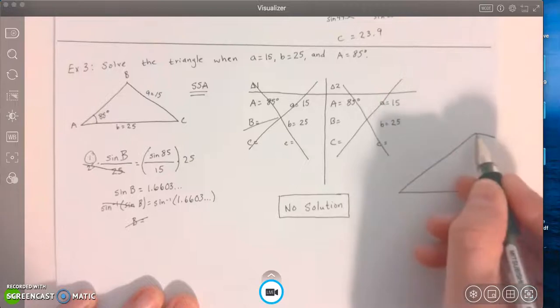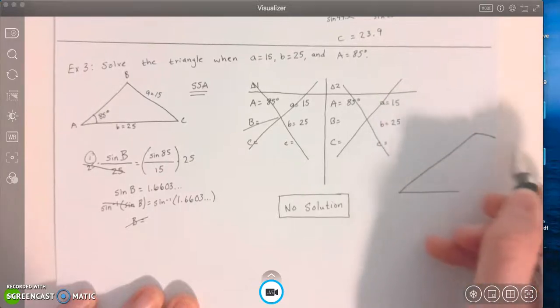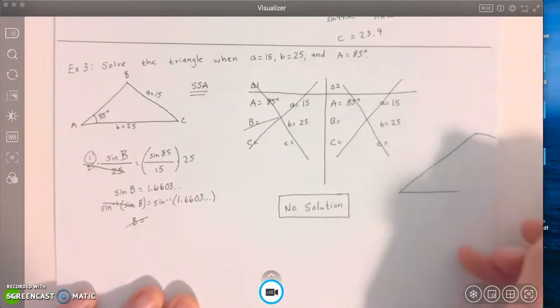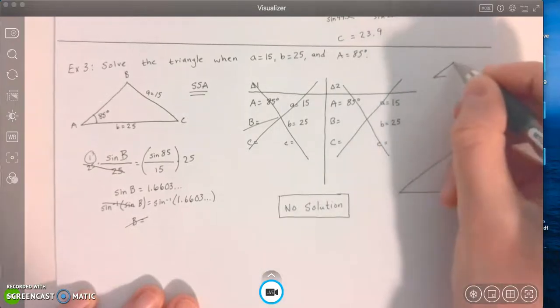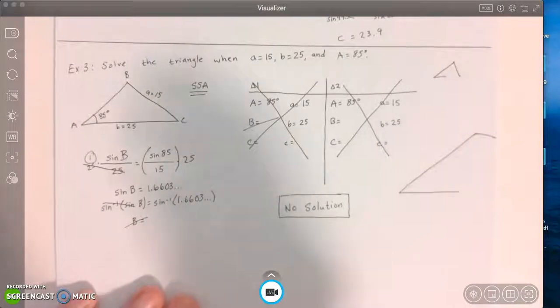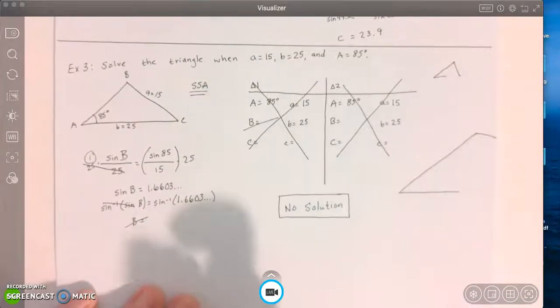Well, that's maybe going to form a triangle over here. However long that line needs to extend, this is never going to close. So those sides are not long enough to actually close. I have a triangle that's just left open. And so it's not a triangle. And so that's why we have no solution.